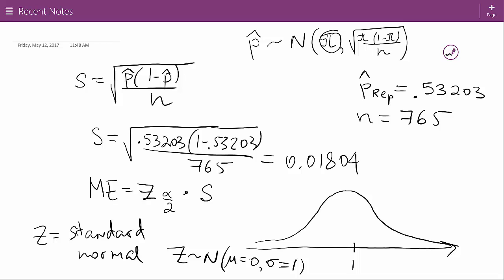Let's take the same approach as in the previous problem: a 95% confidence level. I want to be 95% sure in my result. So 1 minus alpha is 0.95, therefore alpha, your significance level, is 0.05.